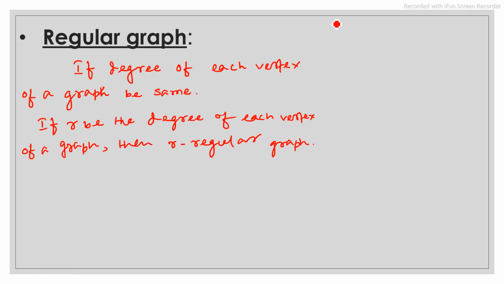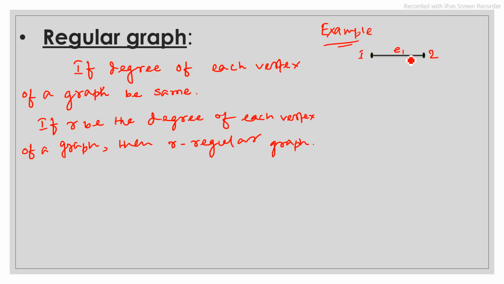So what are the examples of regular graph? See, this is one regular graph. This is vertex 1 and this is vertex 2. Here the number of vertices is 2 and the number of edges is only 1.